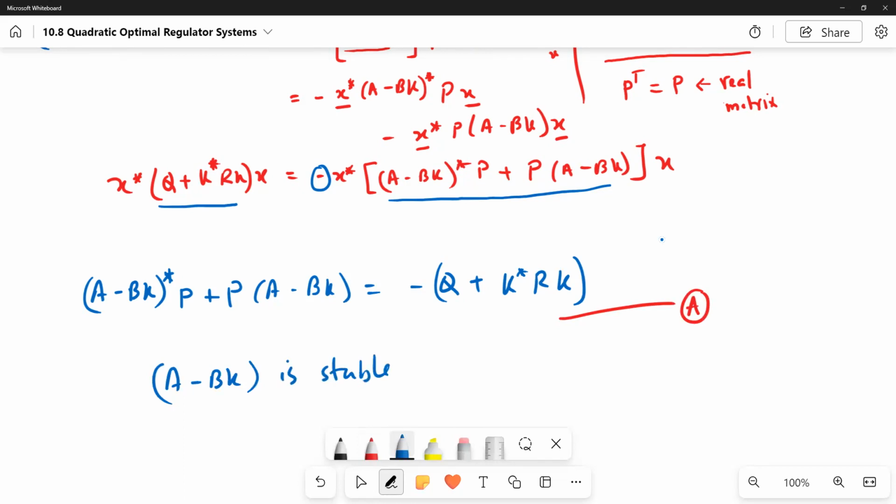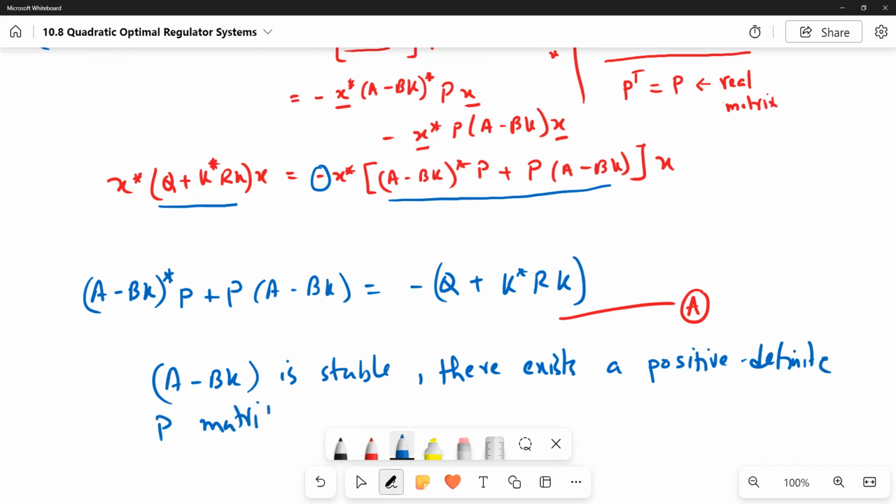Now, if the matrix A minus BK is stable, then we can easily show that there exists a P matrix, a positive definite matrix, that satisfies equation A. So the system has to be stable.